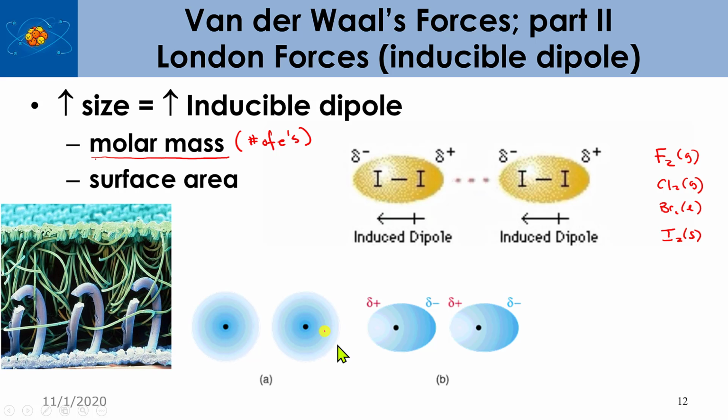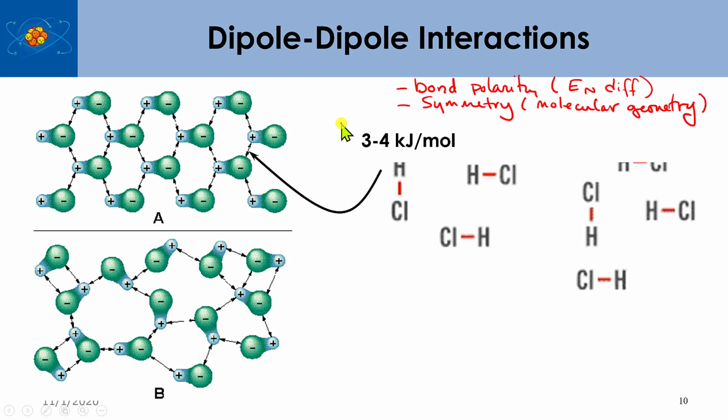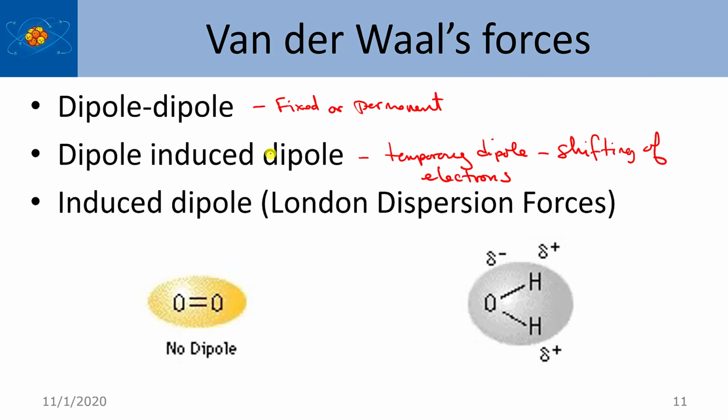So we have van der Waals forces, dipole-dipole, what we talked about on this slide. That's one type of van der Waals, and that's a fixed and permanent dipole. Then there's dipole-induced dipoles. These are temporary dipoles caused by shifting of electrons, induced by another dipole.